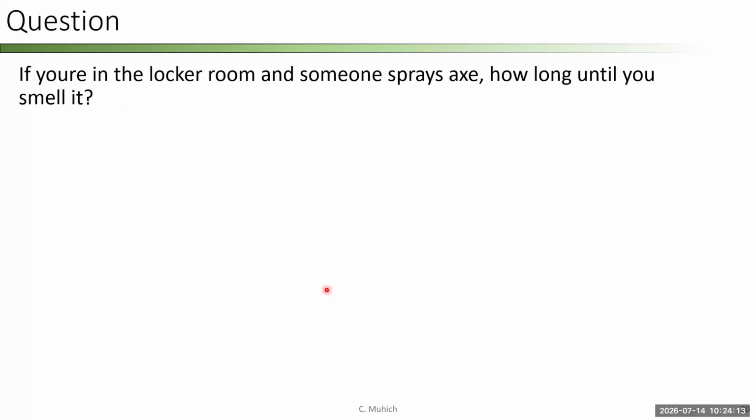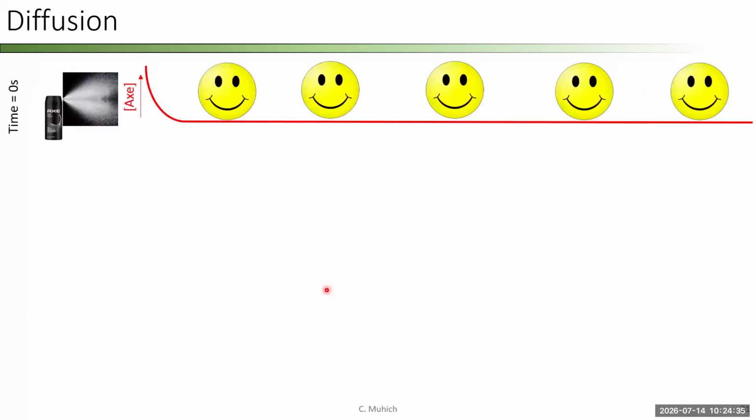To give you an example, let's imagine that you're in a locker room and somebody sprays Axe. How long is it going to take until you smell it? Depending on where you are in that locker room relative to the person who's spraying the Axe, it's going to take a different amount of time, right?